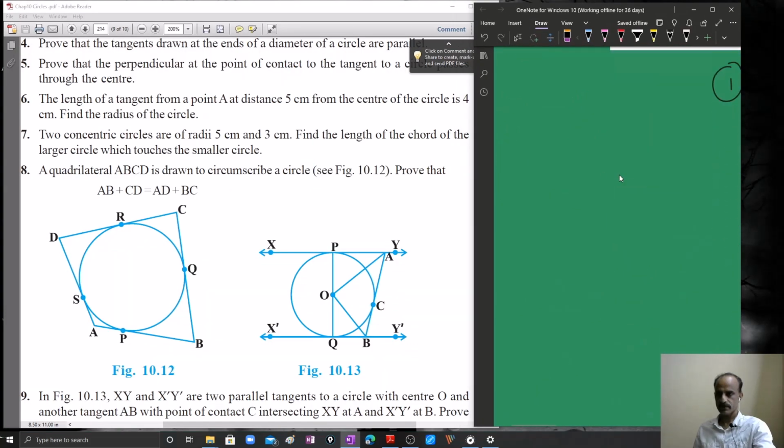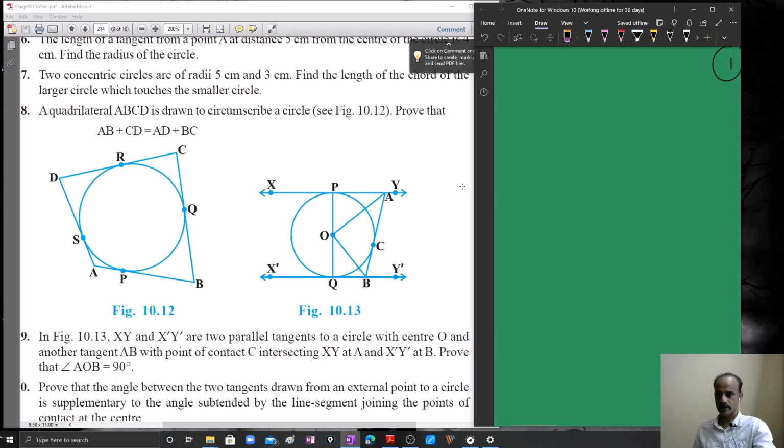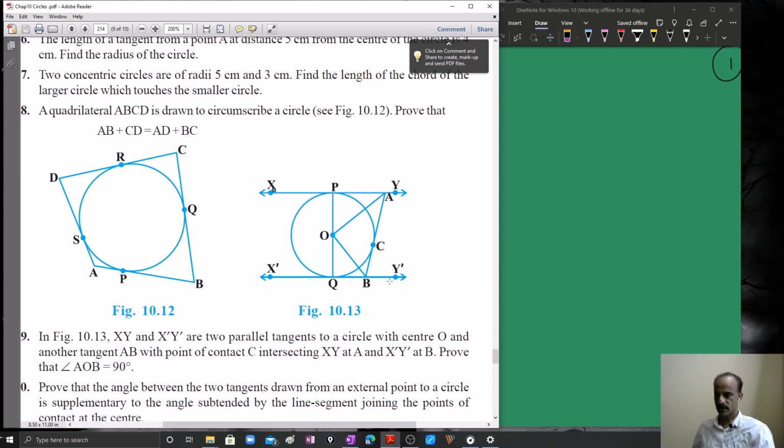Next one. Question number 9. In figure 10.13, XY and X dash Y dash are two parallel tangents to a circle with center O. Another tangent AB, with point C as the point of contact, intersects XY at A and X dash Y dash at B. Prove that angle AOB is 90 degrees.